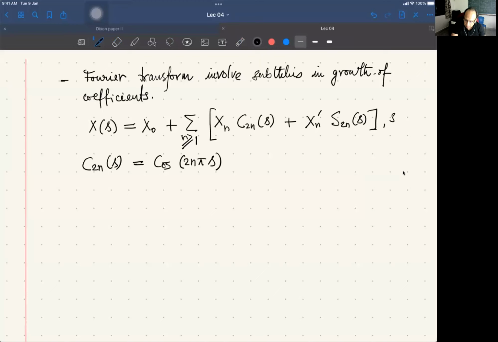So this is s in the interval 0, 1. This is sine 2n pi s.